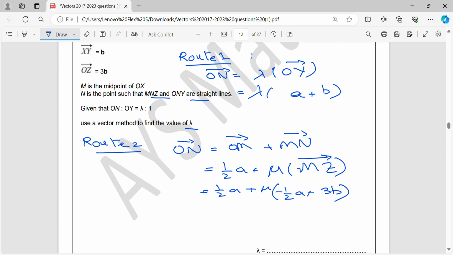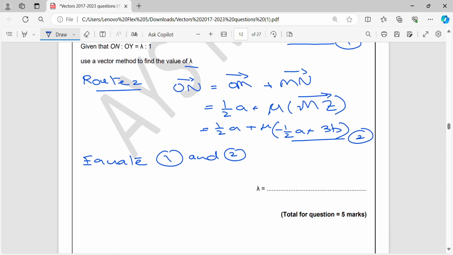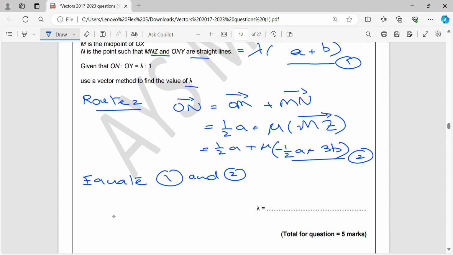Now it's time to equate route 1 and route 2. This one is the first route and this one is the second route. Let's equate 1 and 2. So the first one is lambda (a plus b) equals, the second route is half of a plus nu (minus 1/2 a plus 3b). It's time to expand the brackets.